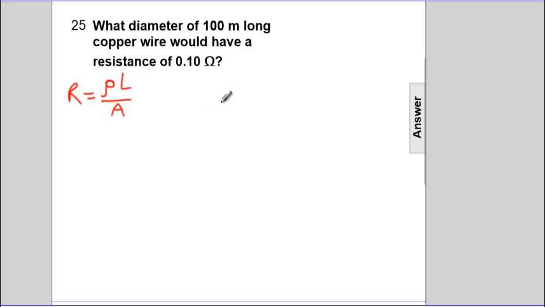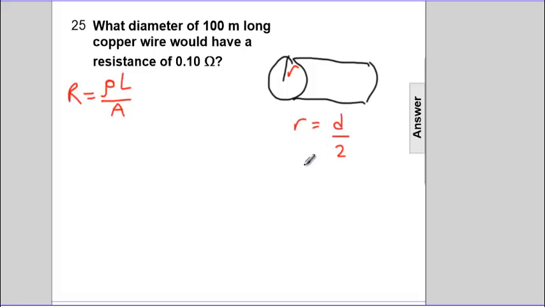If I draw a picture of a wire, and that's the area, we know that that area has a radius, and we know the radius is the diameter divided by 2, and the diameter will be 2 times the radius.